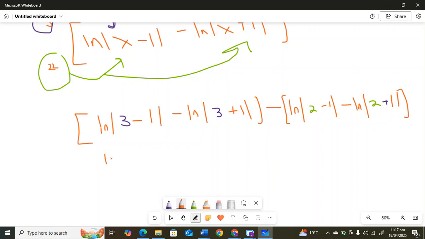So here we start with the natural log of 2. 3 minus 1 is 2, minus natural log 4. 3 plus 1 is 4 there. So let's do it. Natural log of 2 minus natural log of 4.